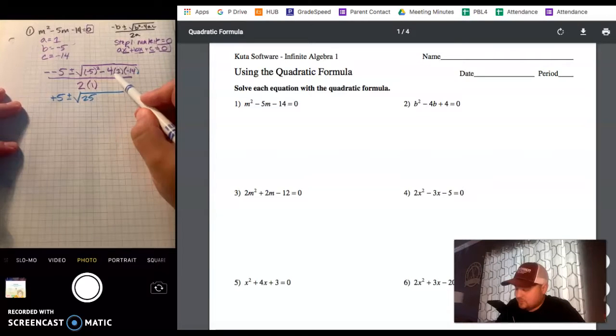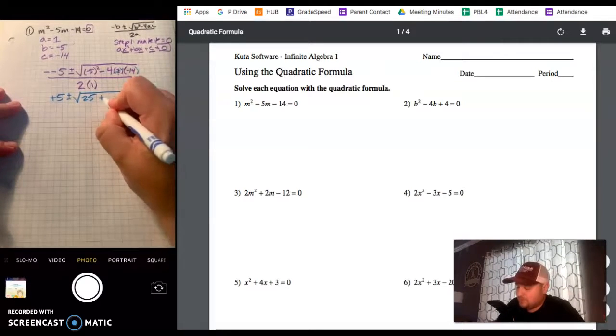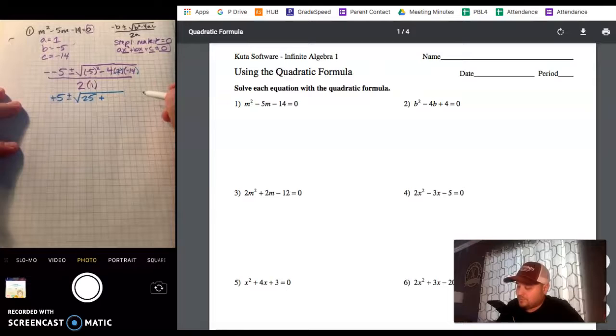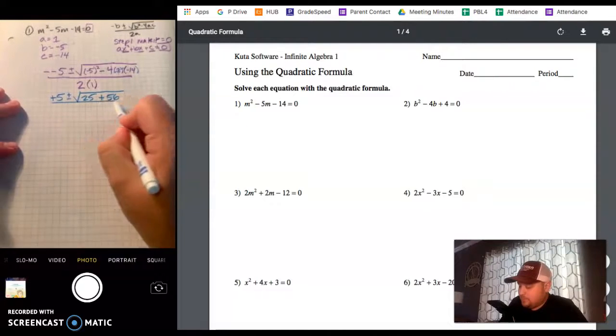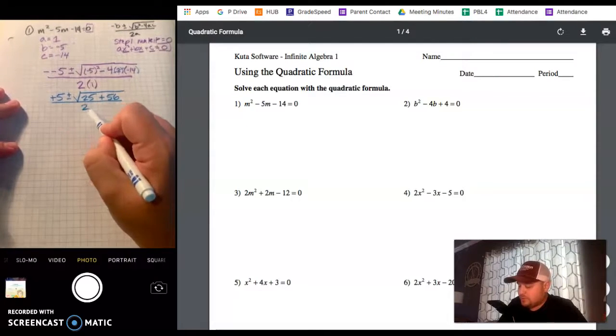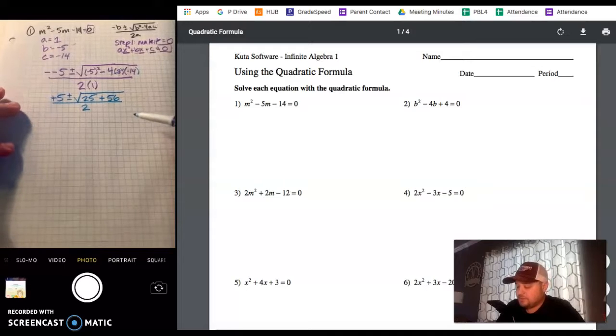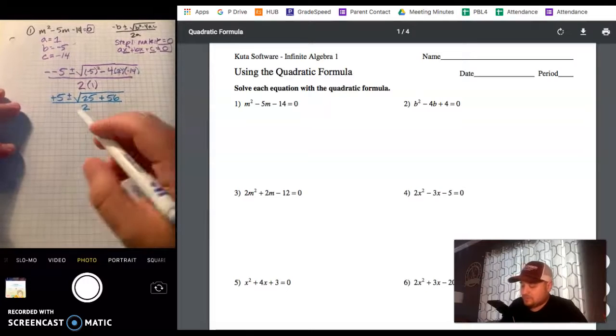The 1 doesn't really matter there, so it's really just negative 4 times negative 14, so that's going to be a positive. 4 times 14, well, 4 times 4 is 16, and then 4 times 10 is 40, so I think that's going to be 56. And then at the bottom, we've got 2 times 1, which is just going to be 2.